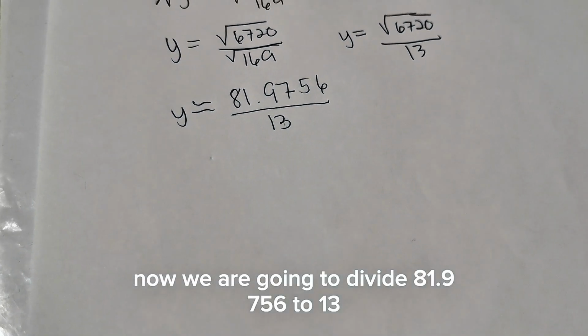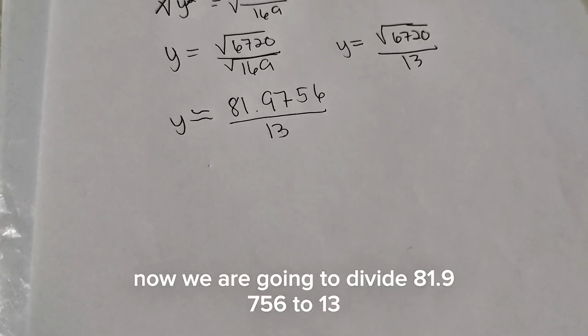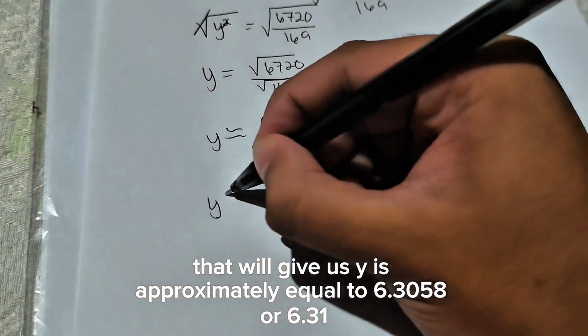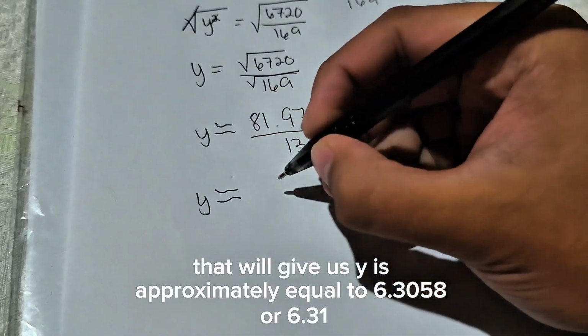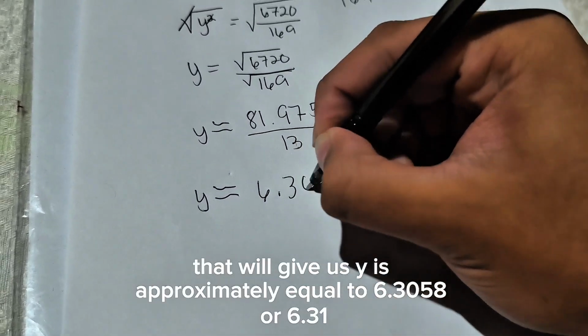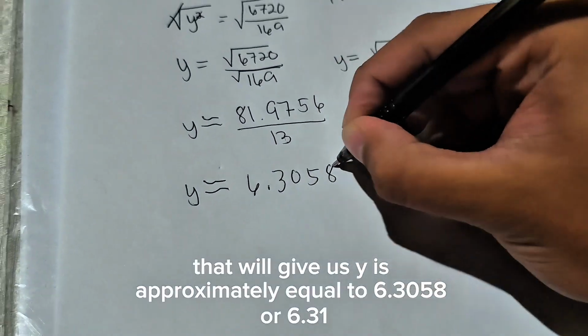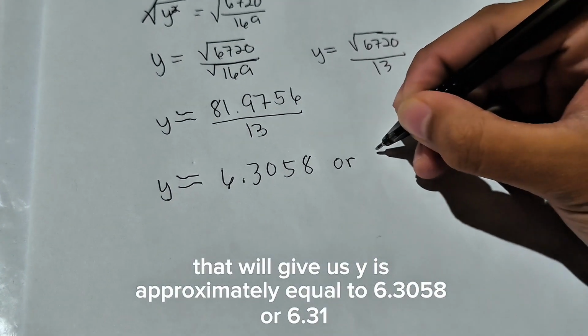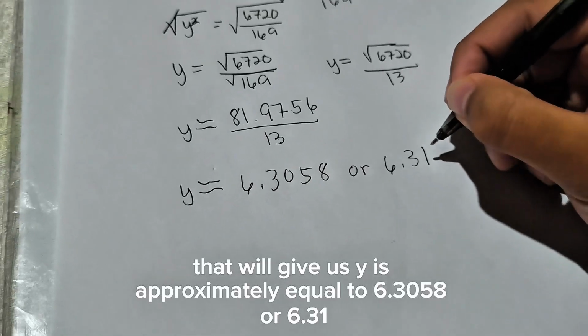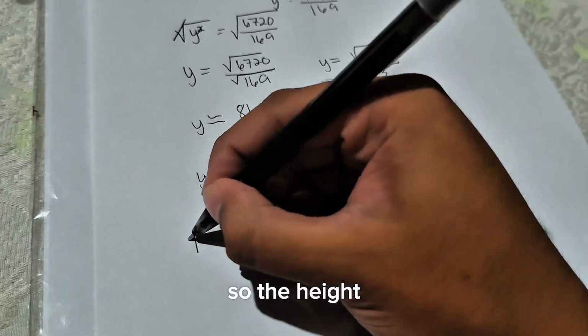Now we are going to divide 81.9756 by 13. That will give us y is approximately equal to 6.3058, or 6.31.